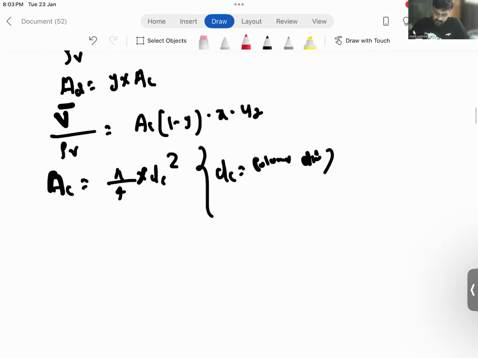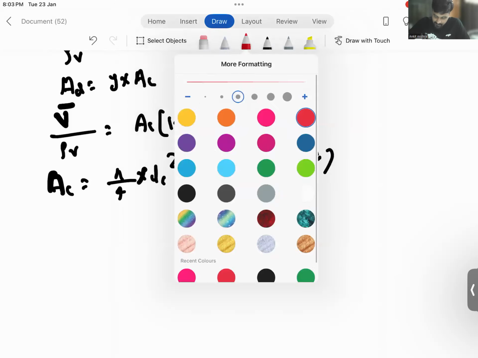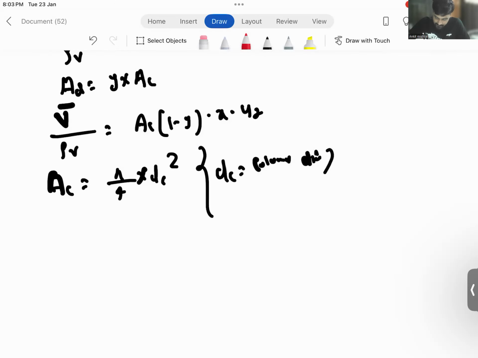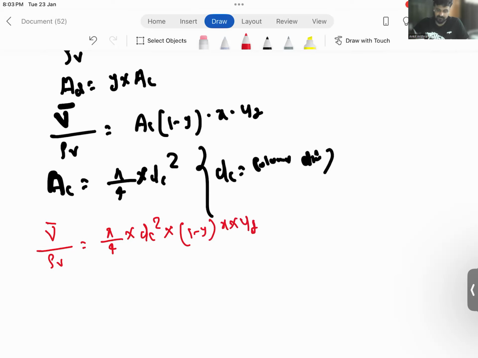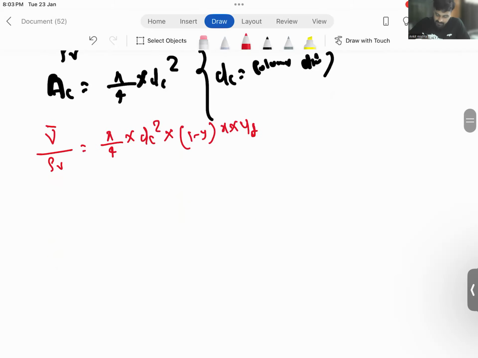Fine. So with this particular formula, now I can write that V bar by rho V is equal to pi by 4 multiplied with DC square into 1 minus Y into X multiplied with U flooding. So from here I can calculate the diameter of the column also.